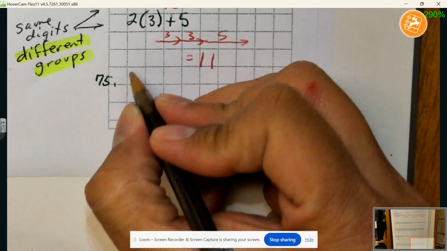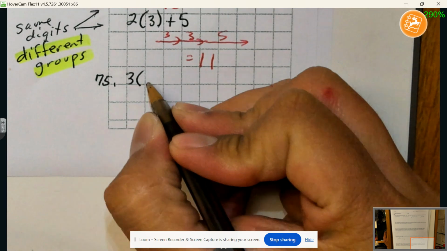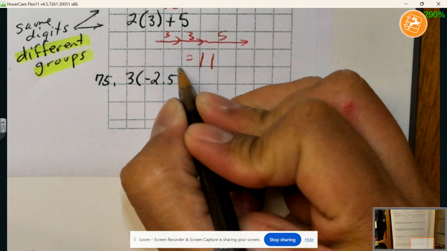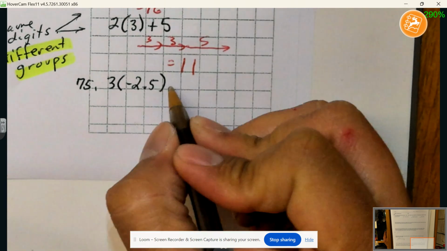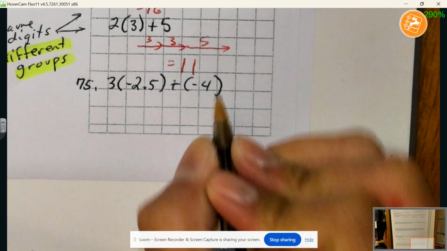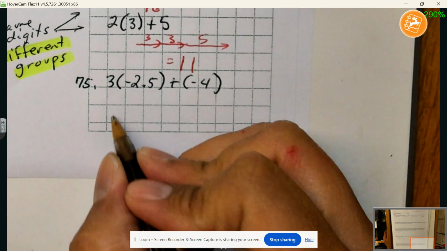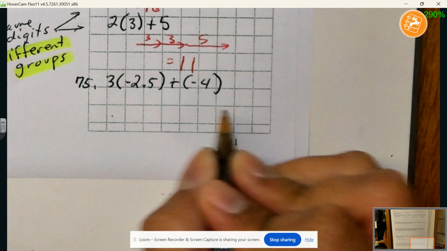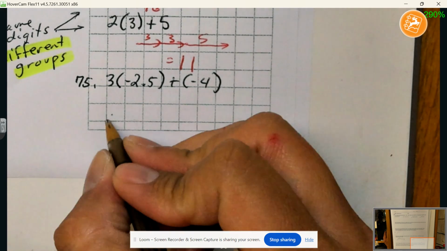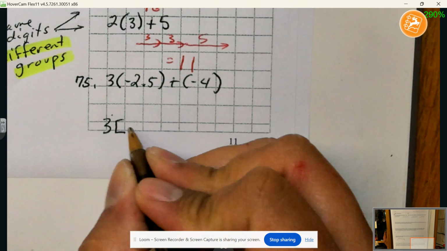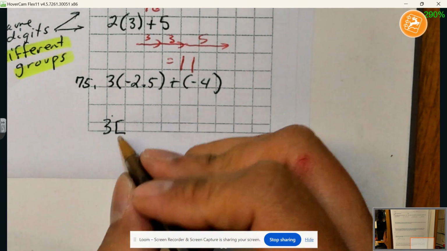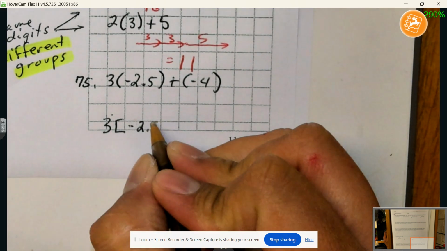Okay, so we have 3. And then plus negative 4. And then we'll leave this space for the diagram. And then we'll have 3. And the bracket is just like a parentheses that we use when we have other parentheses inside.